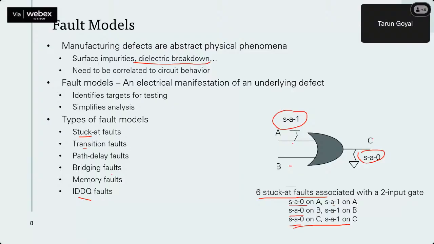More and more metal layers are shrinking and coming next to each other, and they create a kind of bridge, opens and shorts, and that's also causing aggressor and victim behavior. Memory cells have faults too, which is more of an analog kind of behavior where the rails are not at the fast or the slow level which is required. So we will see the memory faults also, and then IDDQ fault, which we discussed above.